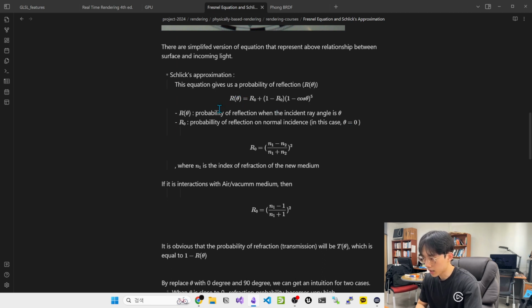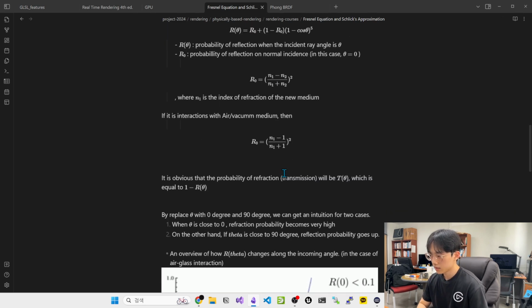So we put theta equal to 0. The left side term will be R0, and there is still R0 plus 1 minus R0 multiplied by the 1 minus cos theta term, but at the angle of 0, cosine theta is equal to 1. So this term will become 0, so we can remove this term. So the equation is established.